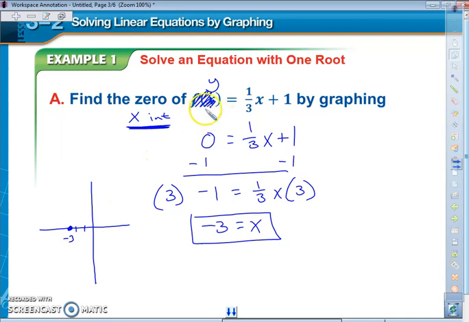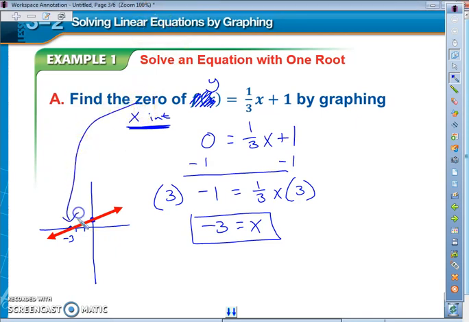The y-intercept on this, which it's not asking for, just throwing it in there, would be 1 right there. So if it said graph this thing, I would draw a line and make it go through both of those points. But what this question's asking, find the zero. The zero is going to be that -3 right there.